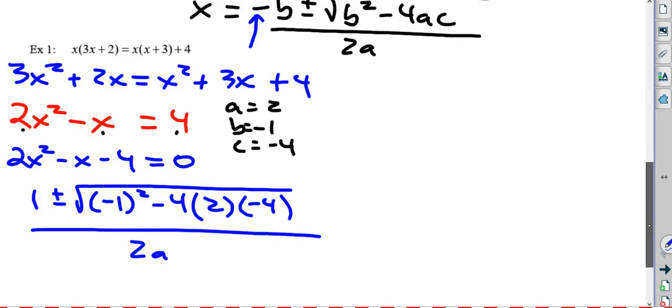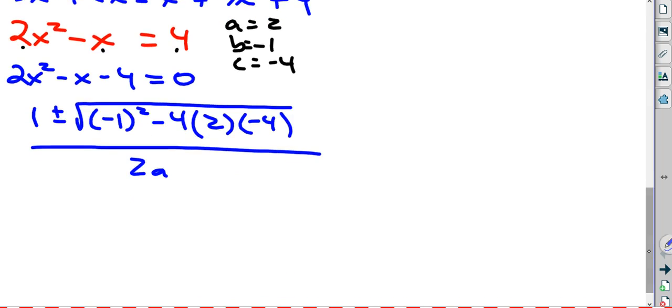Now we simplify. So 1 plus or minus a square root. Inside I get 1. Negatives make positive. 4 times 4 is 16, times 2 is 32.